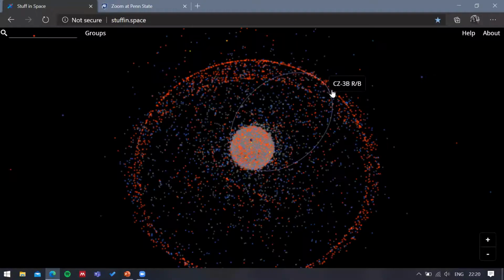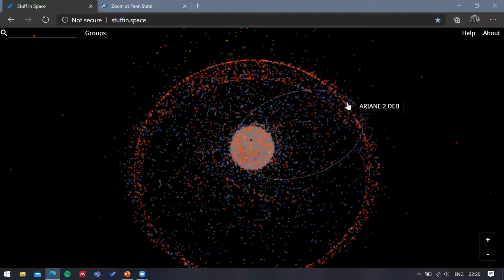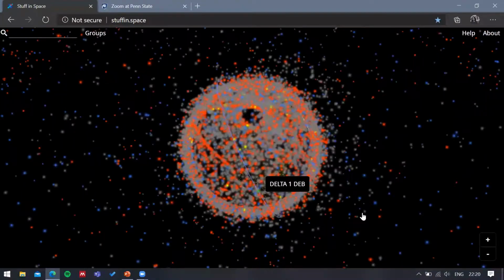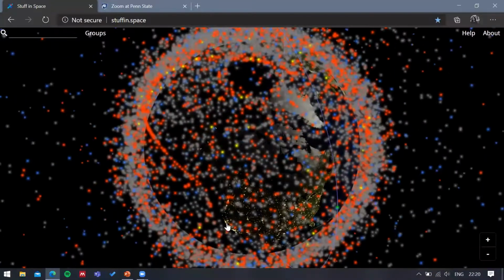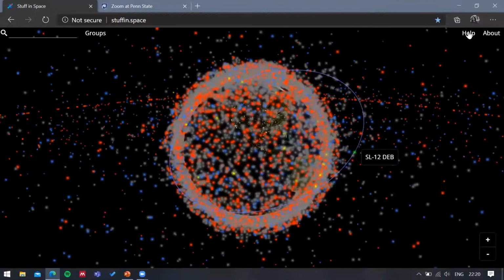The red ones are active satellites. The blue ones are rocket bodies, which make up a huge part of space debris. And if we come to LEO, you see that the situation only gets worse, and there is a lot of these gray specks, which are debris objects.